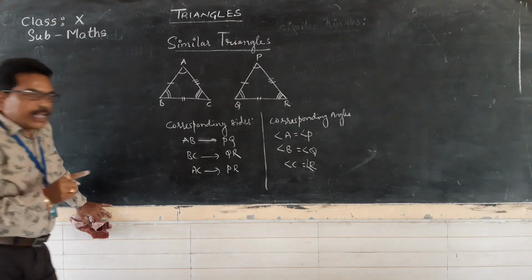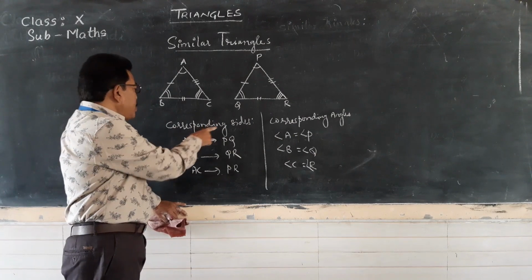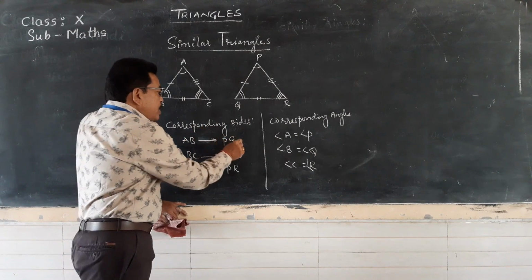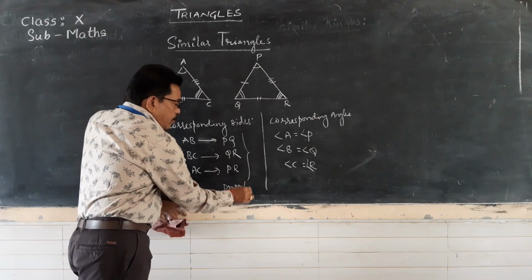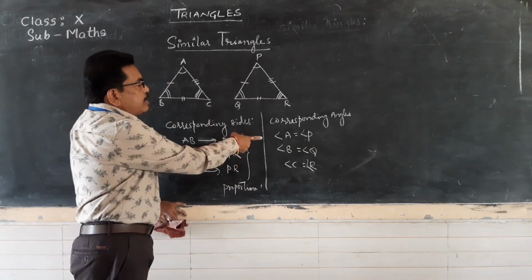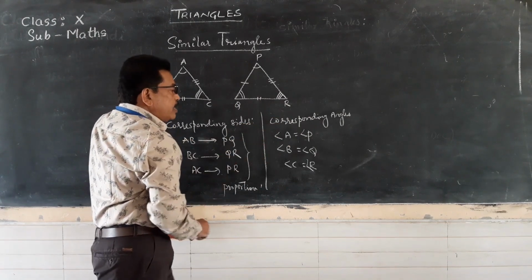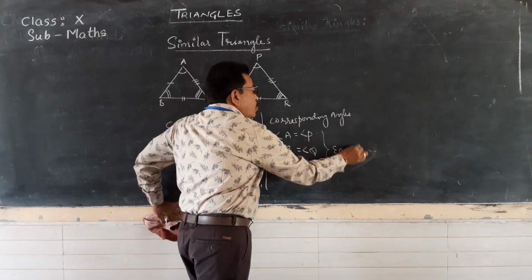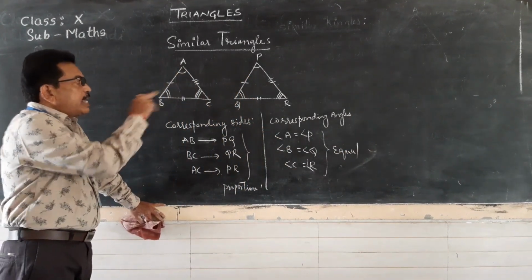Two triangles are said to be similar if and only if their corresponding sides are proportional and their corresponding angles are equal. Then only we can say that both the triangles are similar.